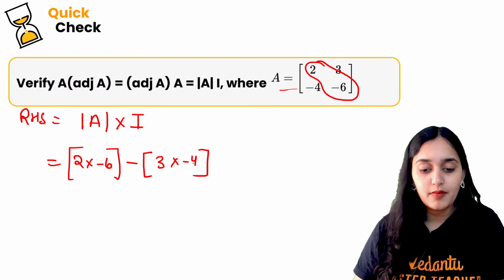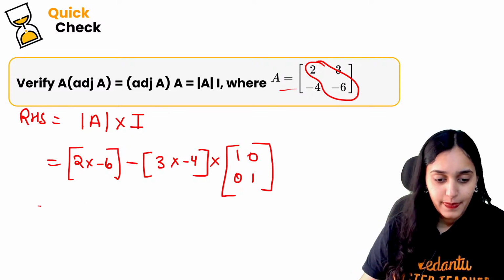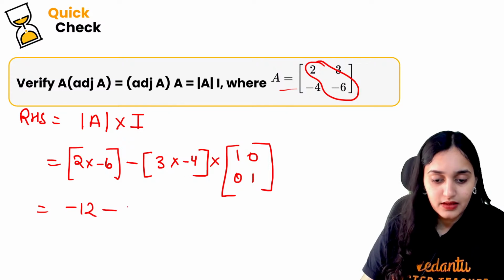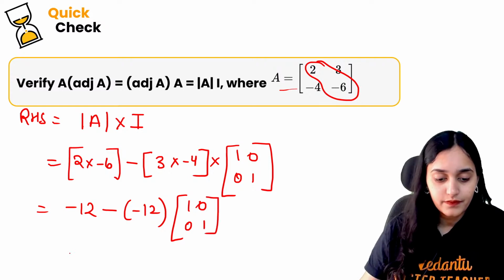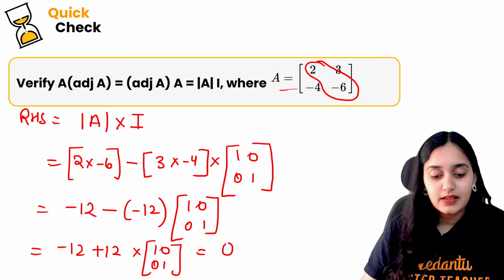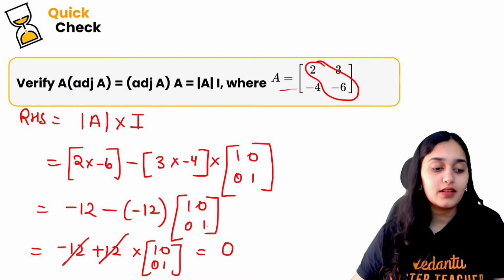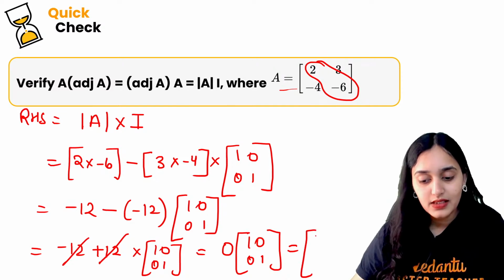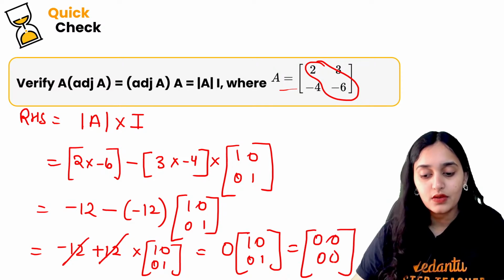This is the determinant of the matrix multiplied with the matrix 1 0 0 1. 2 sixes are 12, minus 4 threes are 12, into 1 0 0 1. So which is minus 12 plus 12 into 1 0 0 1. So which is 0. Minus 12 plus 12 is what? 0. 0 into the identity matrix is what? 0 0 0 0. This is my right hand side.